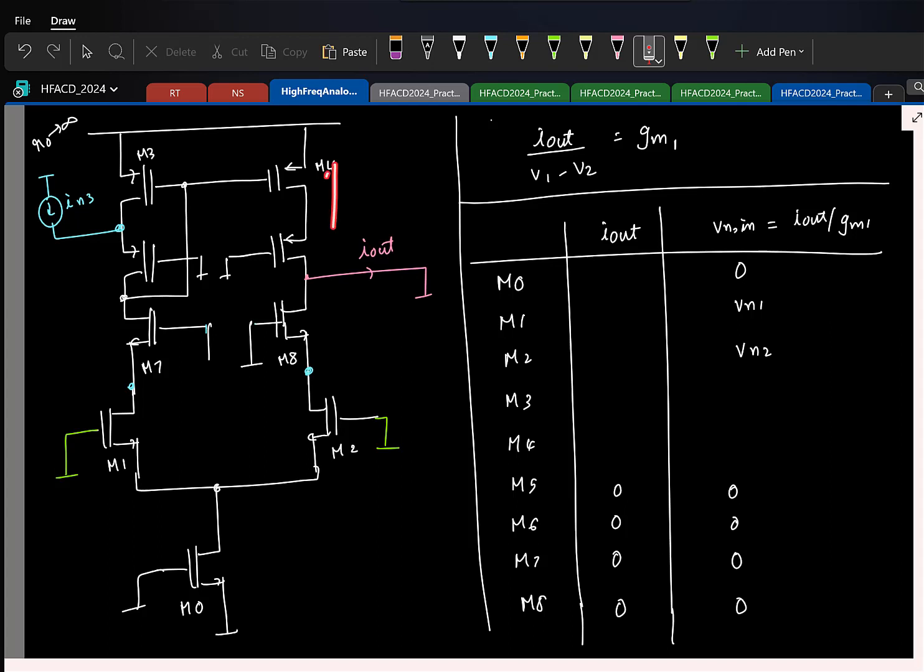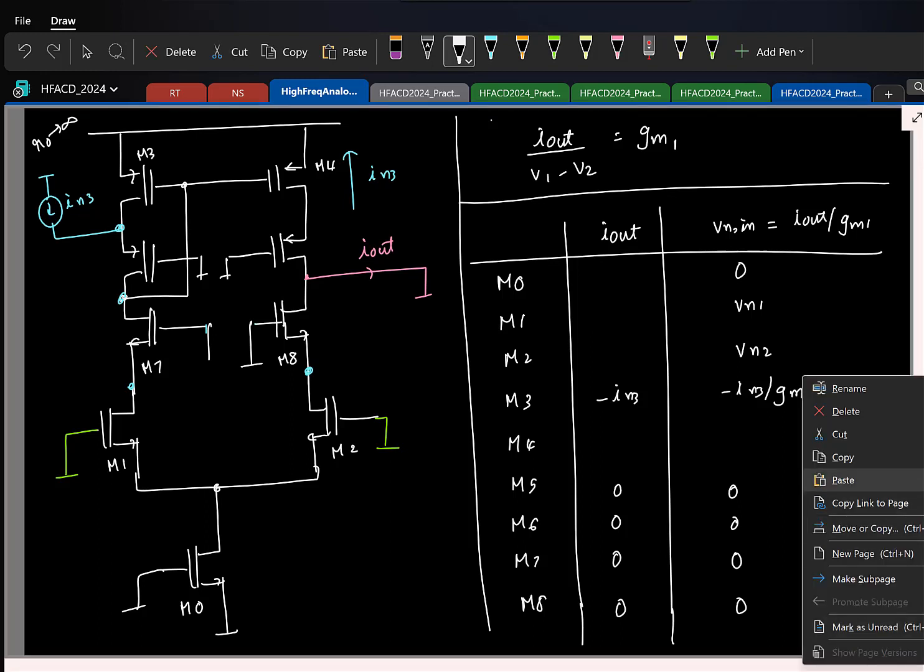So which means the same current will be mirrored here. So what is I out? Minus IN3. Okay. So the only difference compared to the earlier 5-transistor OTA is now the noise current is injected into the input of this current buffer. So this current buffer will basically take in the current, and that will basically flow and generate the appropriate voltage. It will be again IN3 by GM3 and so on. So this is basically minus IN3, so it's minus IN3 by GM1.